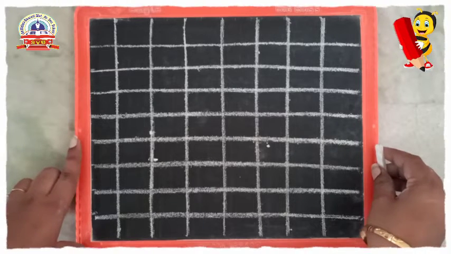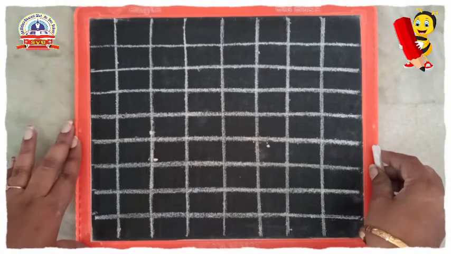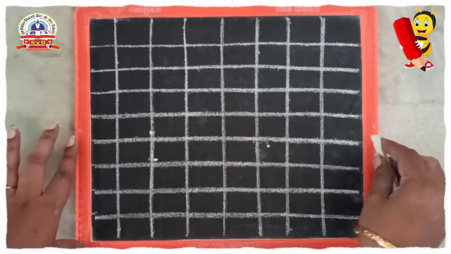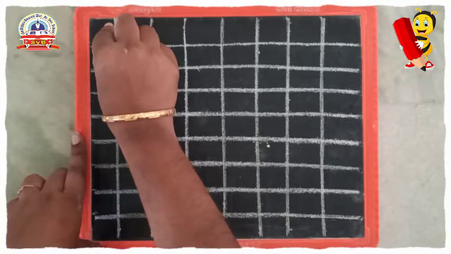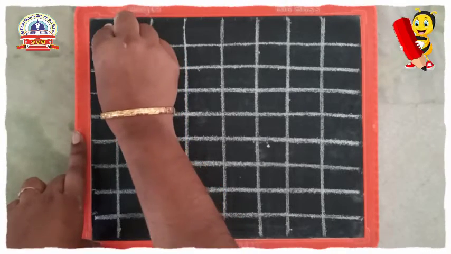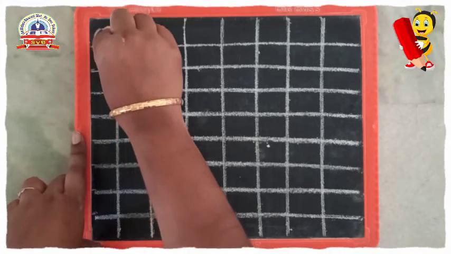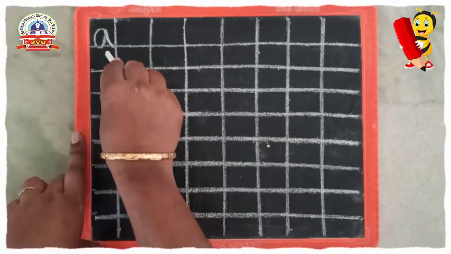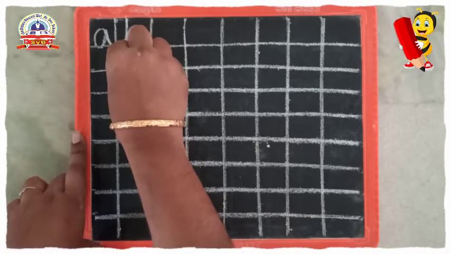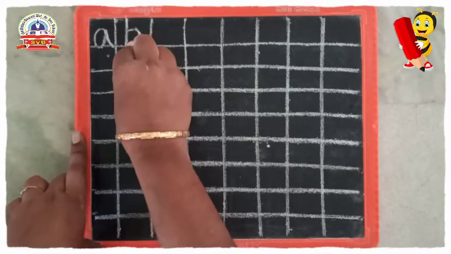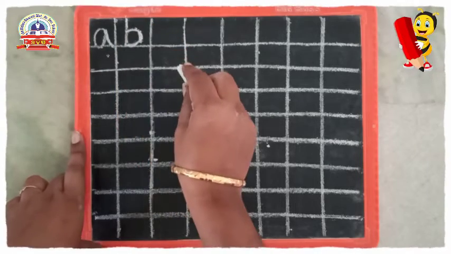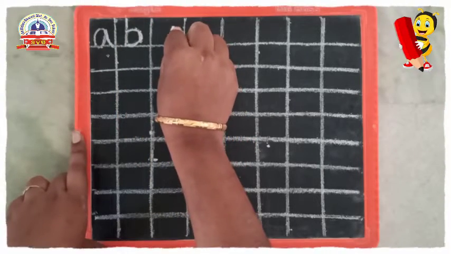Good. Tell me the first sound. A. A. Good children. See here. This is A. Write with me children. A. Next comes Ib. Say loudly and write Ib. Then Ik.